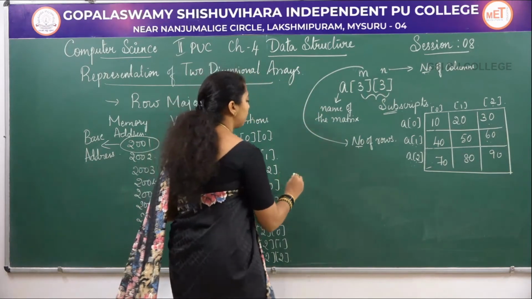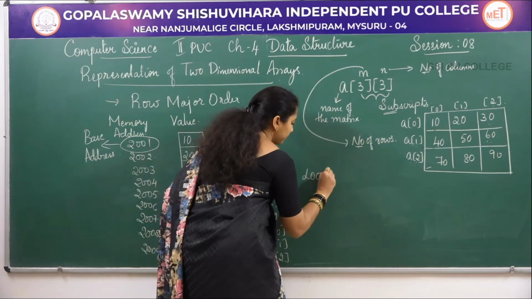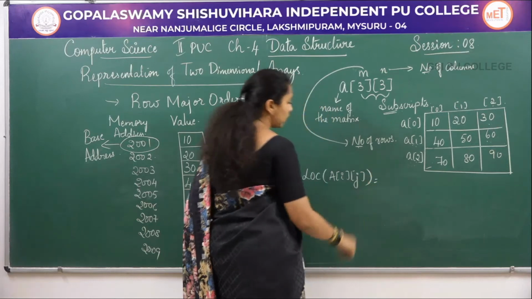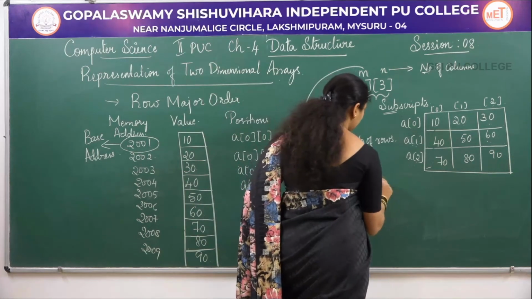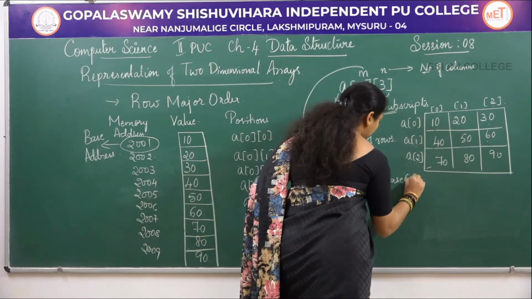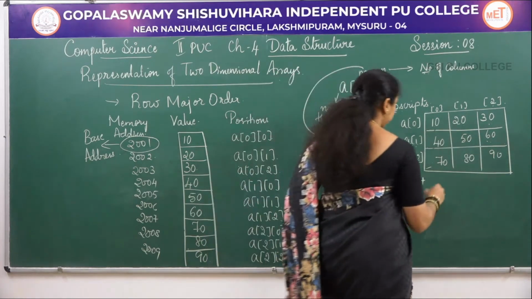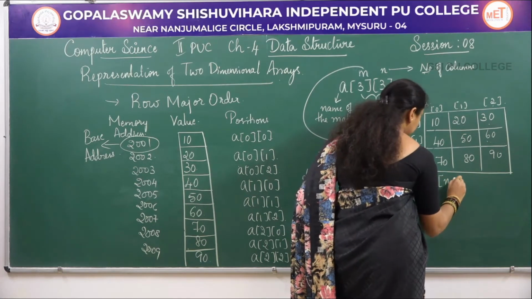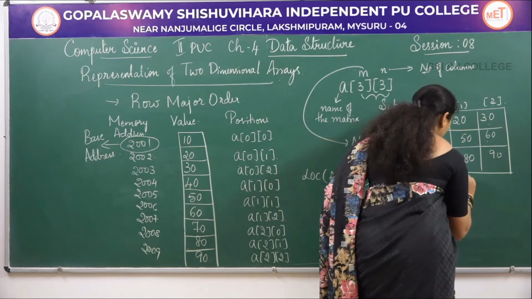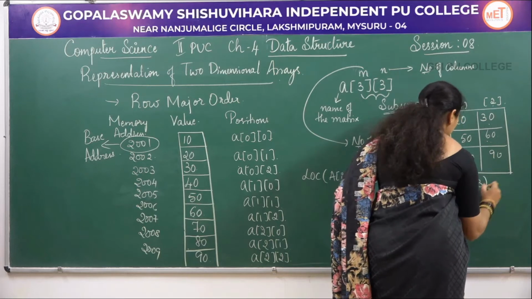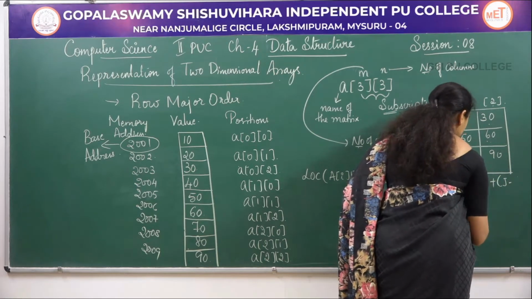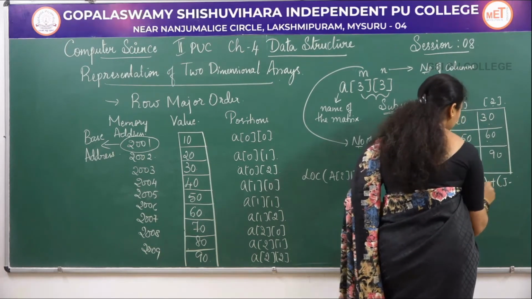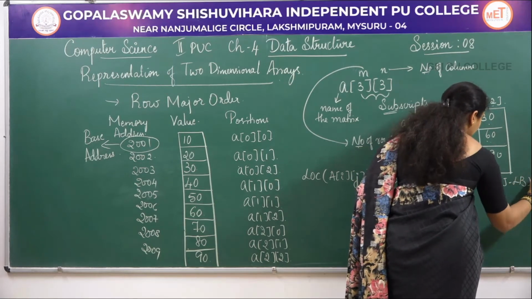So what is the formula? The formula is location of A of I, j is equal to base of A plus W into n into (I minus lb) plus (j minus lb), where lb is the lower bound.